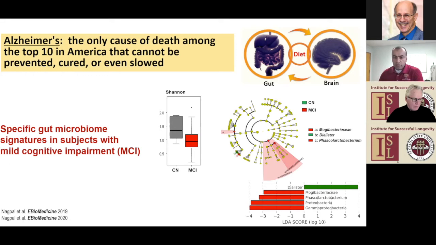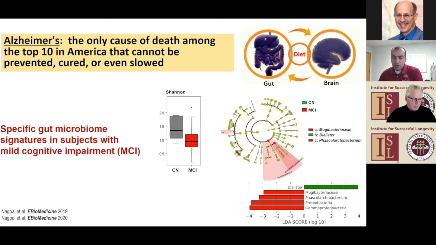What we found was that the patients with mild cognitive impairment have lower microbiome richness and diversity in their gut compared to cognitively normal, age-matched participants. In addition, these patients had significantly increased abundance of several bacteria, for example, Mogibacteria, Phascolarctobacterium, Proteobacteria, and Gammaproteobacteria.